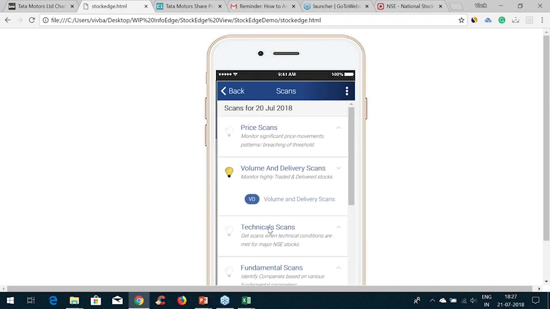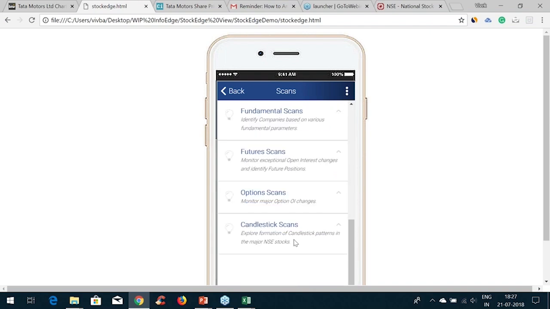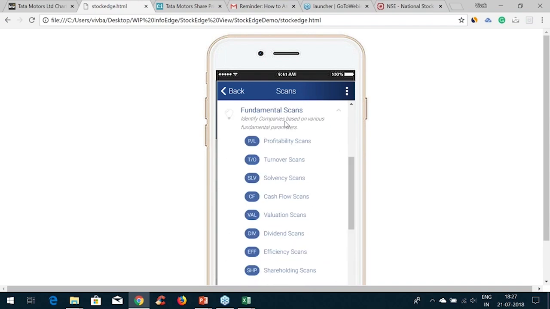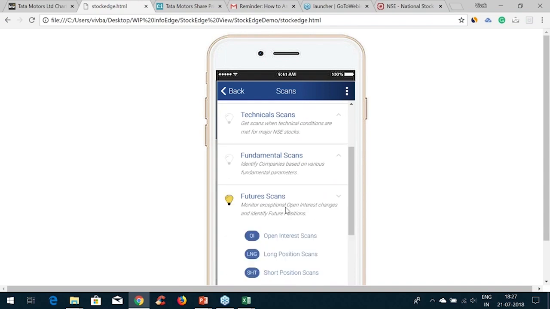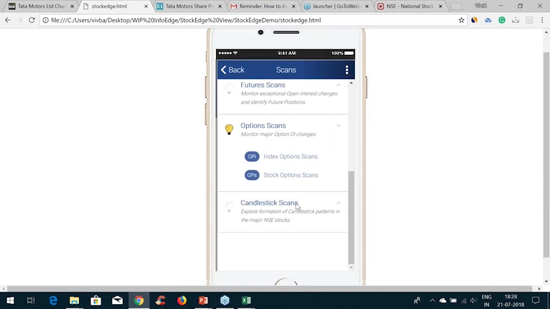Then you have technical scans where you have all these technical indicator scans, and fundamental scans which may not be relevant for you. Then you have future scans, option scans, candlestick scans.